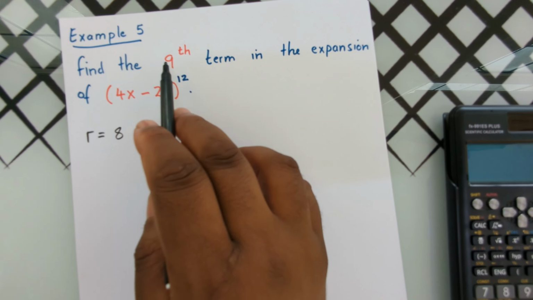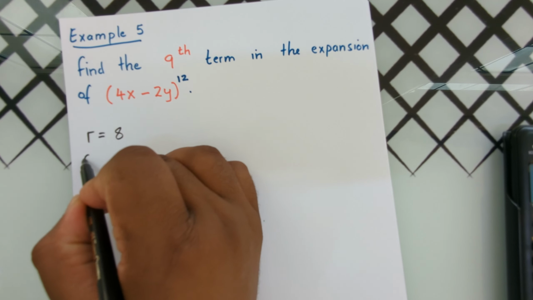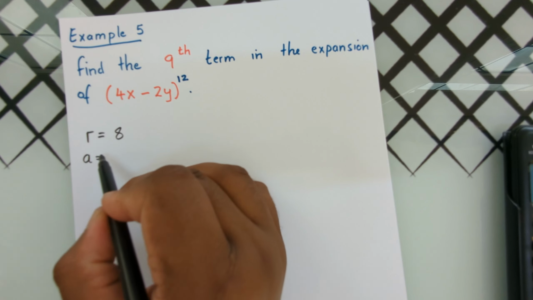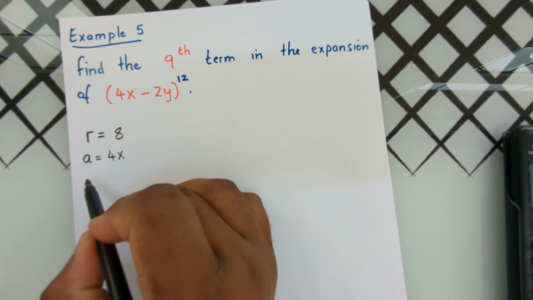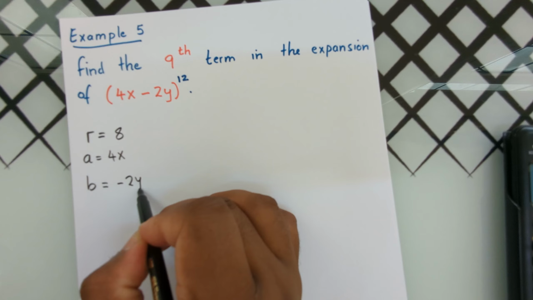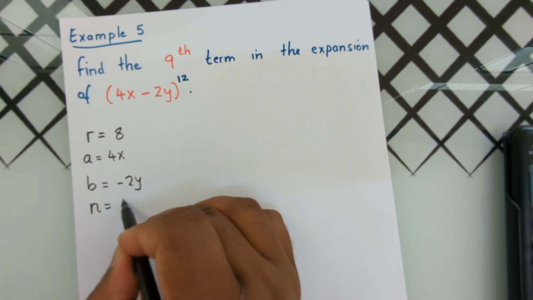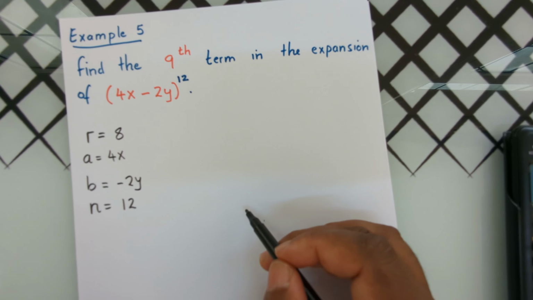It's always 1 less than the given position they want you to find. And our a is 4x, our b is negative 2y, and our n is the given exponent, which is 12.